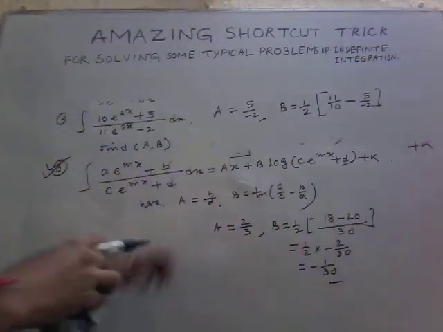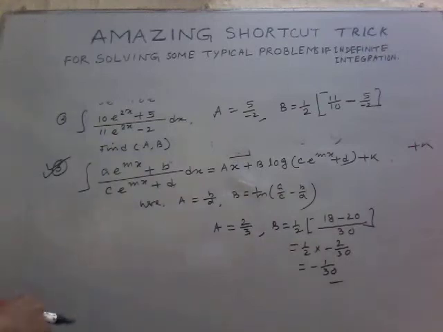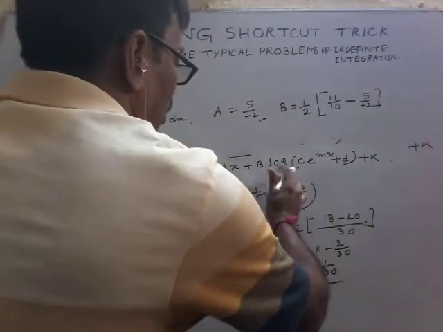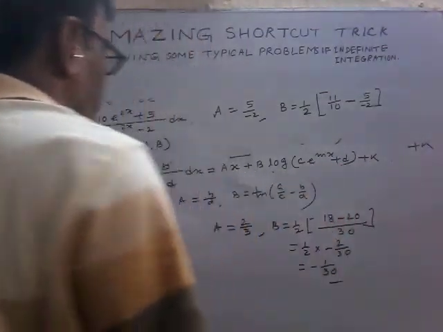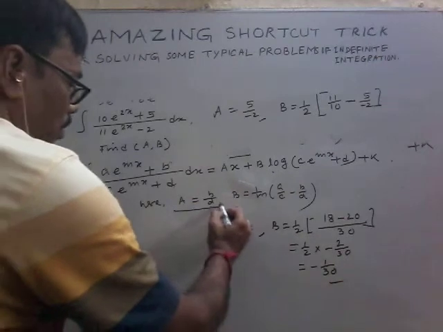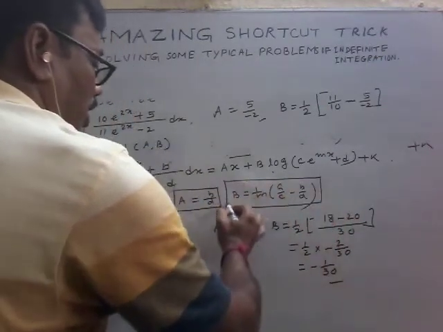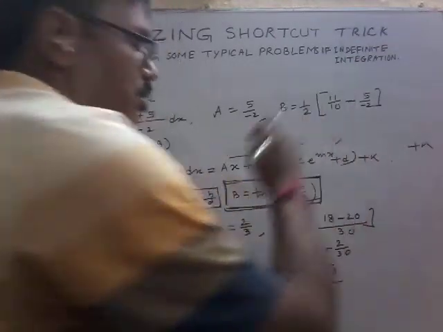Calculating, we get A and B. So if it is in this form, x plus log(c e^(mx) + d), you remember the formula for A and B, and it will take only one or two lines.